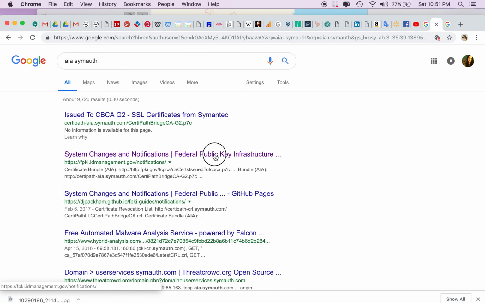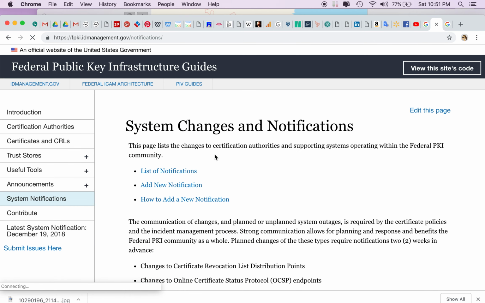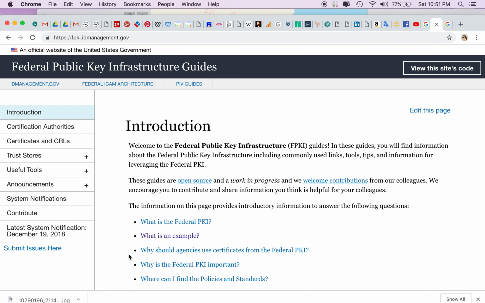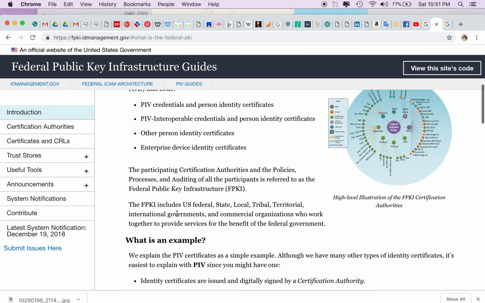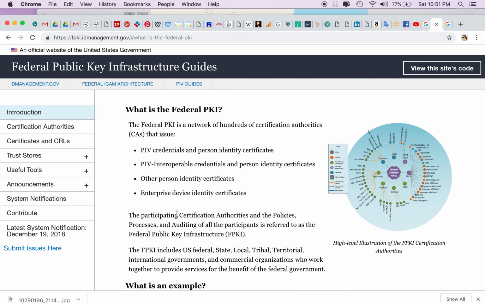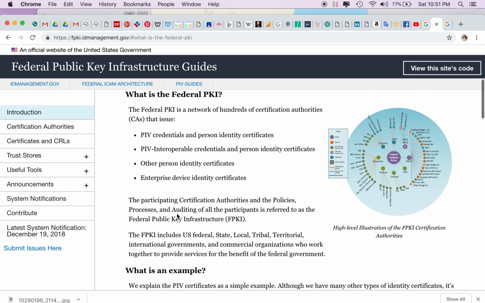We'll go into that and take a look at how it works with the federal keys. Okay, what is a federal key? It's a network of hundreds of certification authorities that issue PIV credentials and personal identity certificates.